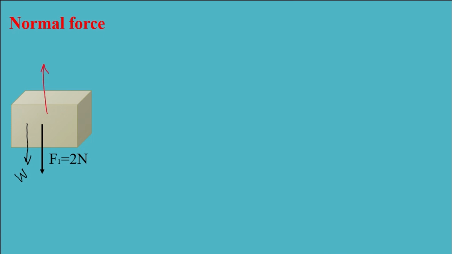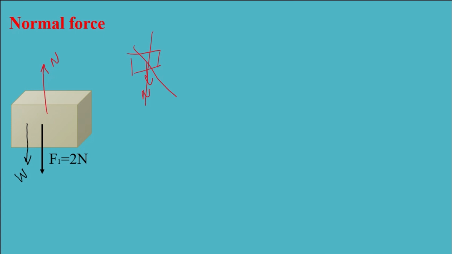The normal force is always upward, in the positive direction of the axis. So I never ever write the normal force like that. It's totally wrong. It's always in the opposite direction of weight.